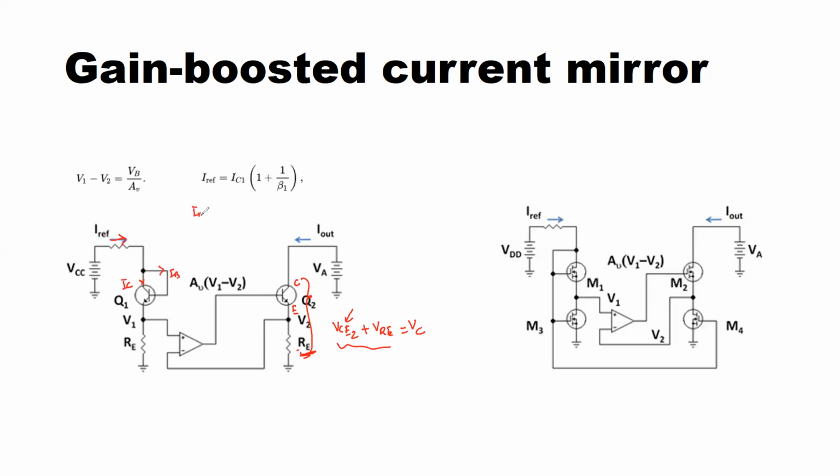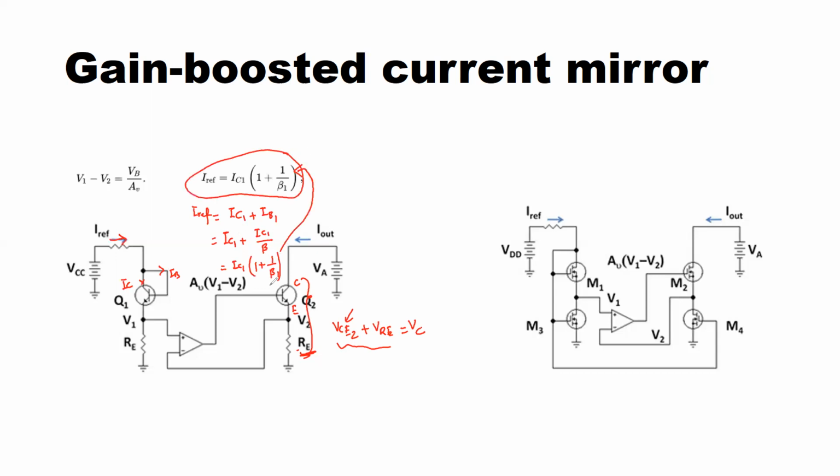So I reference will be the sum of IC1 plus IB1, which can be written as IC1 plus IC1 divided by beta, which can be written further as IC1 in brackets 1 plus 1 over beta. So this is nothing but this equation right here.